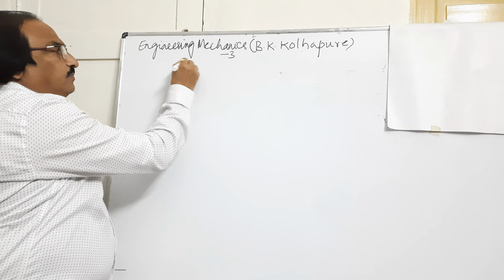Whatever effect is produced by the system of forces, the same effect is produced by the resultant. Now what I am doing is combining all the forces into a single force. This method we call composition of forces.